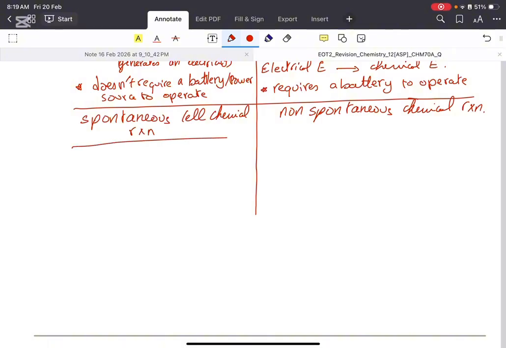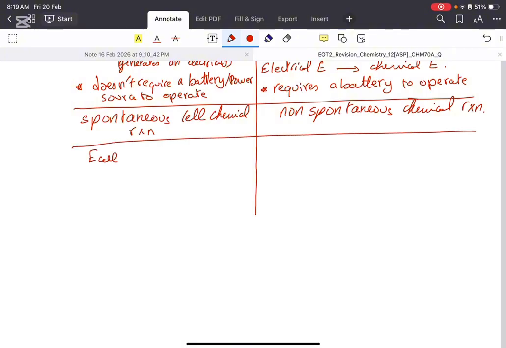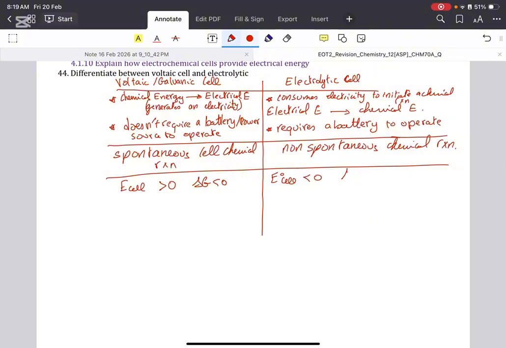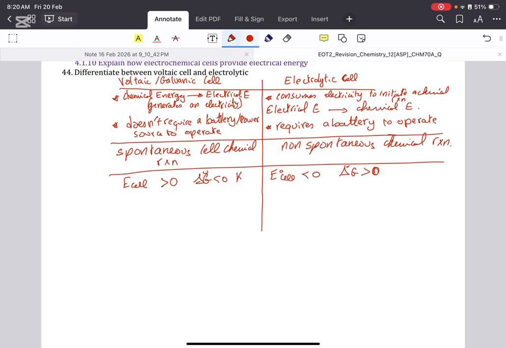Another thing: when we calculate the E cell of a voltaic cell, it is always positive. When we calculate the E cell of an electrolytic cell, it is always negative. Also the delta G in a voltaic cell is negative, and here the delta G is positive. Also, K is included in our topic: it's above 1 here, and here it's less than 1.